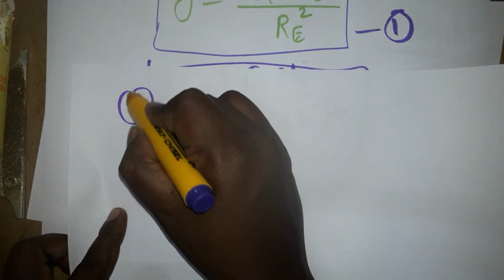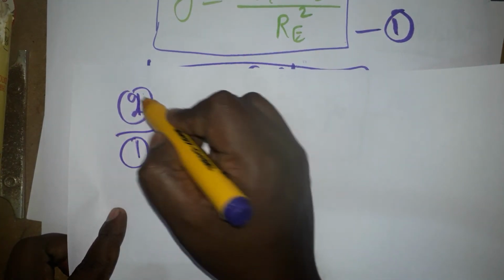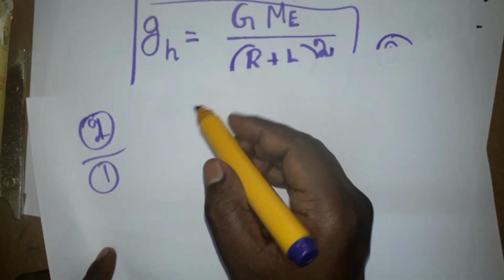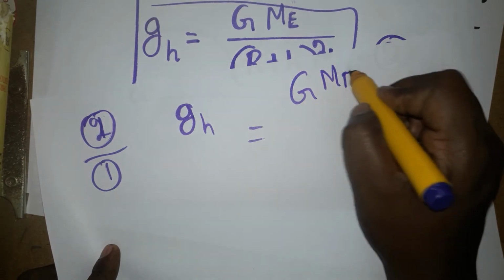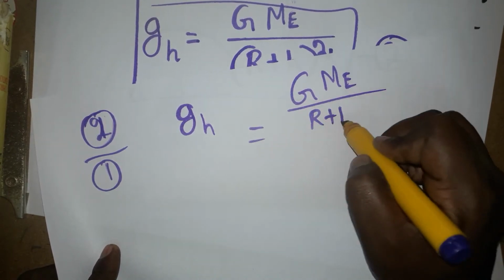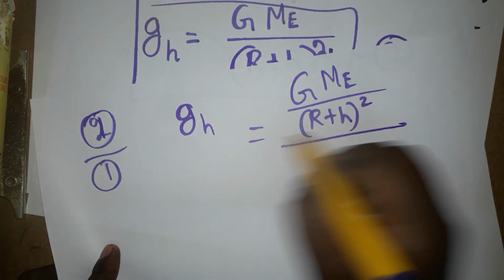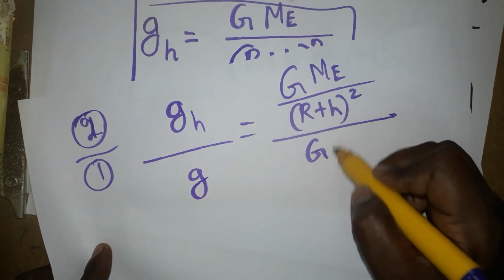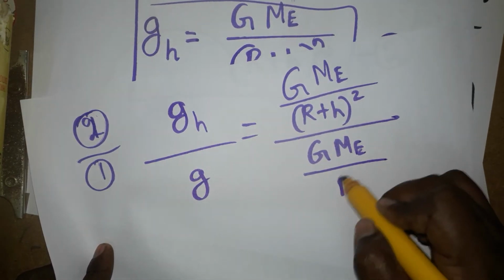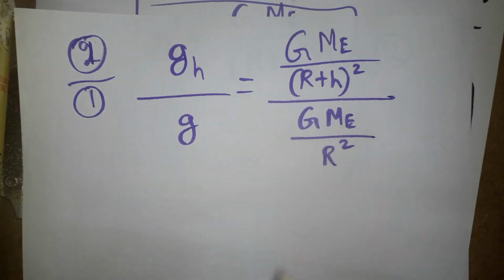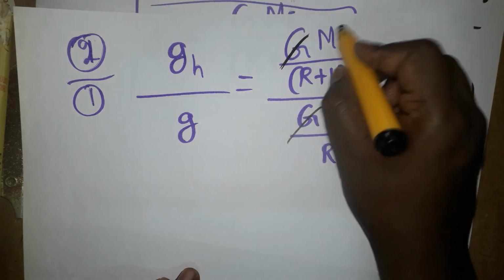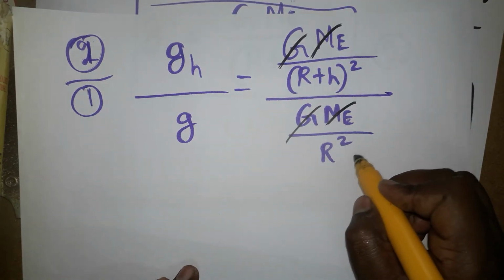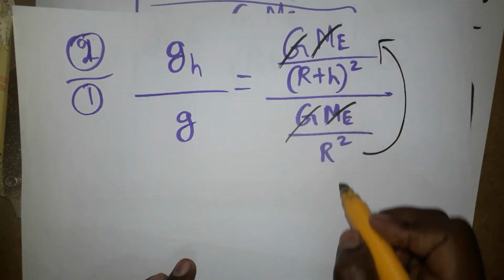Now I am going to do equation 2 divided by equation 1. You can do 1 divided by 2 also, but you will get the opposite value. gh is equal to G times ME divided by (r plus h) squared, divided by G ME divided by r squared. I cancel the common terms, G and the mass of the earth, so the denominator goes into the numerator.